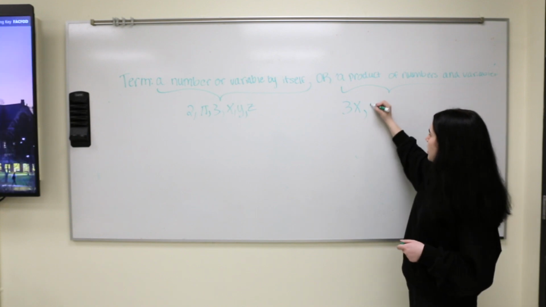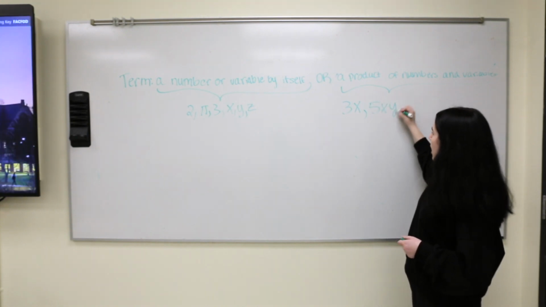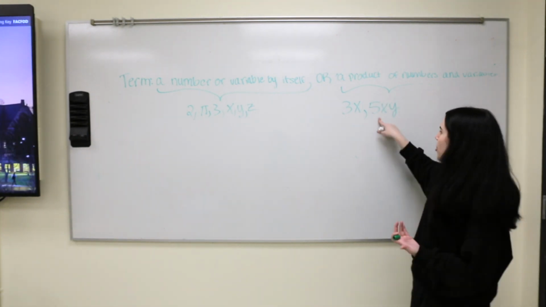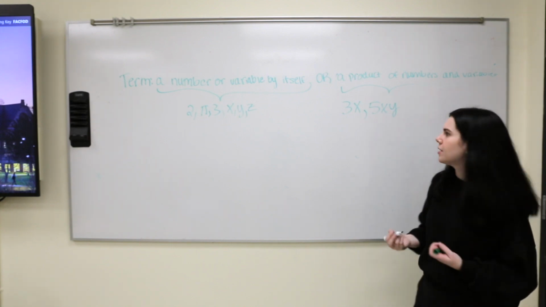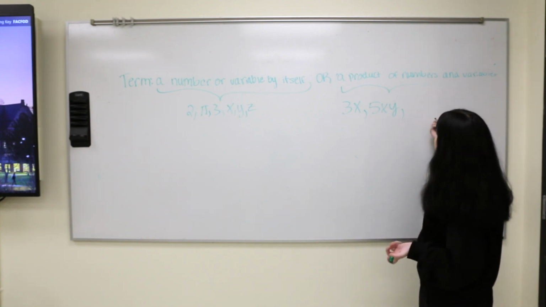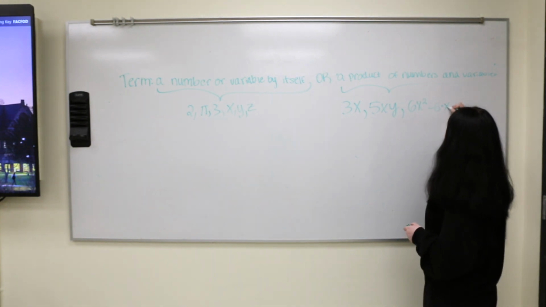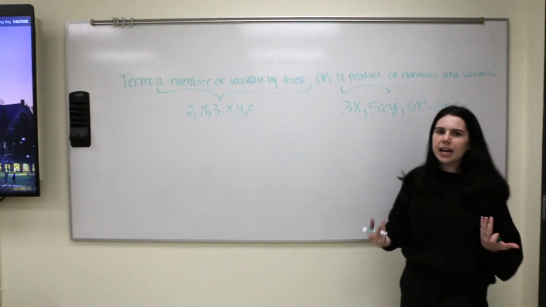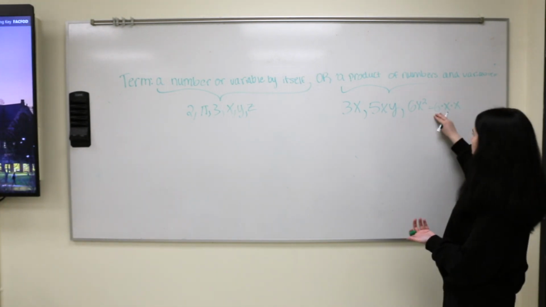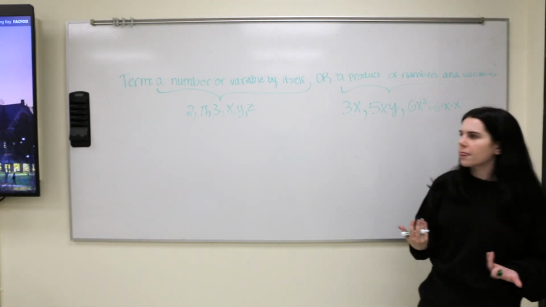We could also have something like 5xy, which is the product of a number and 2 different variables. One final example would be something like 6x squared, which we can think of as 6 times x times x, and this is a product of numbers and variables.